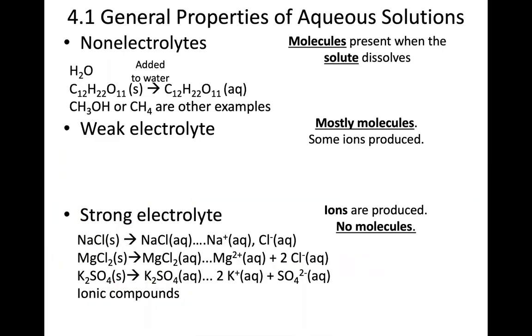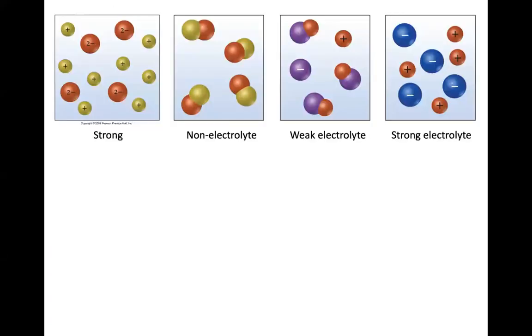So if I go back to this slide right here, this is what we were working on last time. Let's see how that now applies for images like this. Last time, you did a really good job of identifying things based on the particle description, if it was a strong electrolyte with just ions, non-electrolyte, just molecules, or a weak electrolyte where you had a combination.